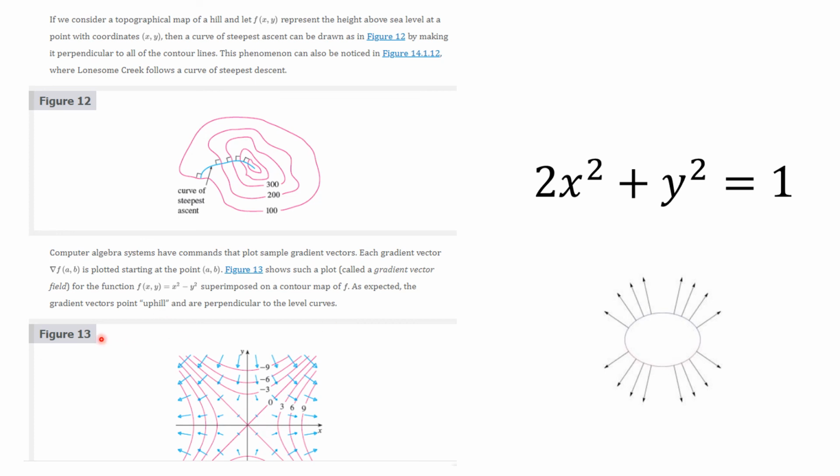And the gradient vectors, you can see that they are perpendicular at every point to this. And in your differential equations course, you'll talk about finding orthogonal trajectories, which is very closely related to this. And here's a simpler example perhaps of that. Here's an ellipse, and I just take one of the level curves, but then I can plot the gradient vectors at these various points.